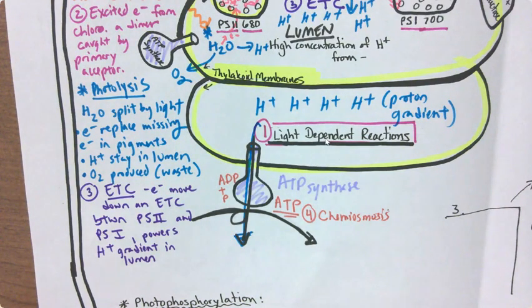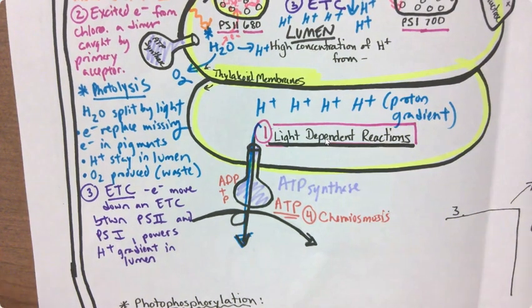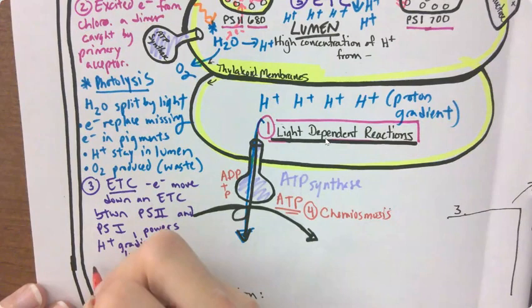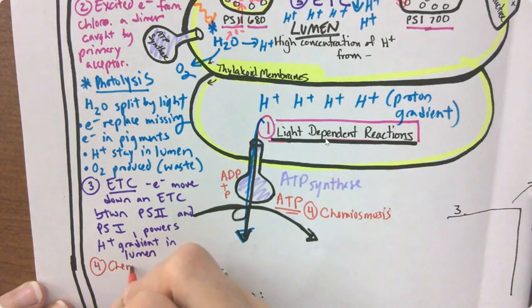So we have a potential energy source here. Then we use that proton gradient to do chemiosmosis.